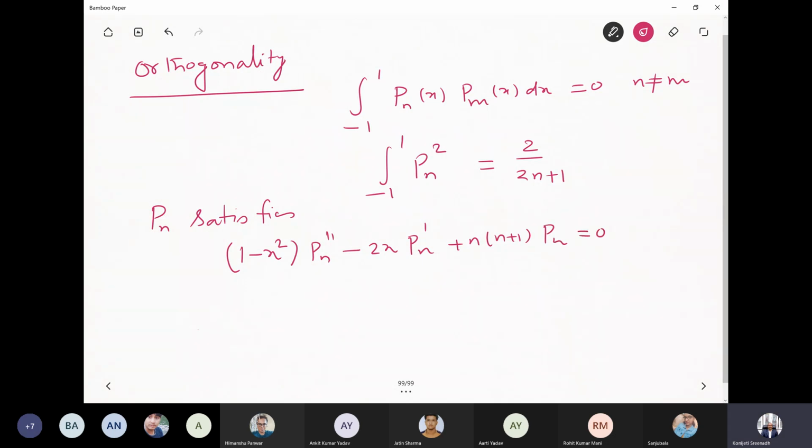We can write the first two terms as 1 minus x square into Pn prime, whole prime, which equals minus n into n plus 1 into Pn.